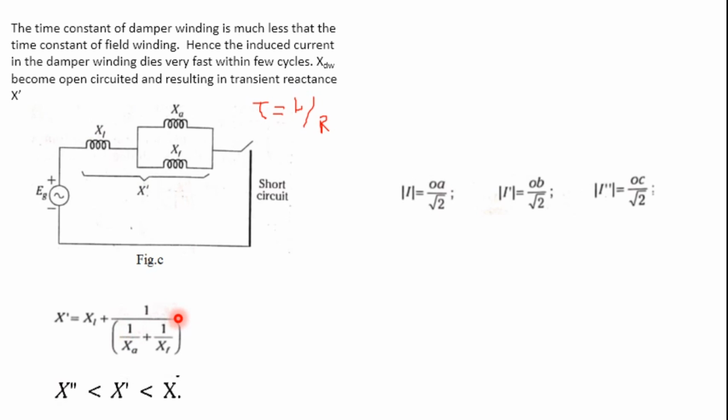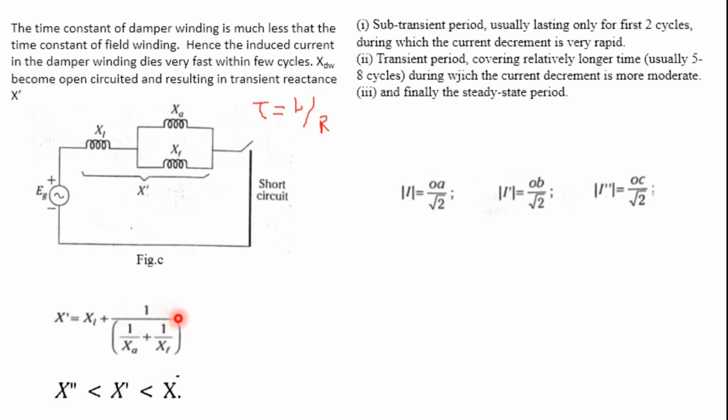So we'll understand what is meant by subtransient, transient and steady state. The subtransient period usually lasts only for the first two cycles, during which the current decrement is very rapid. Then the transient period covers a relatively longer time, usually 5 to 8 cycles, during which the current decrement is somewhat moderate.